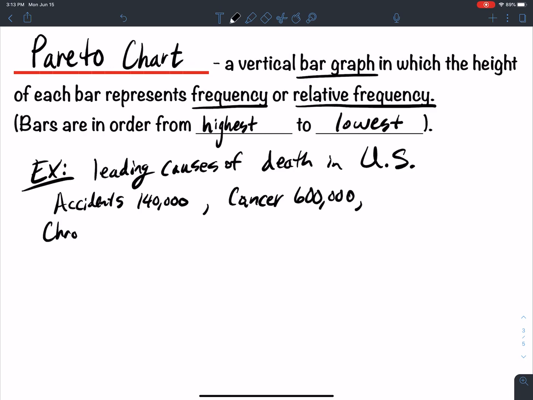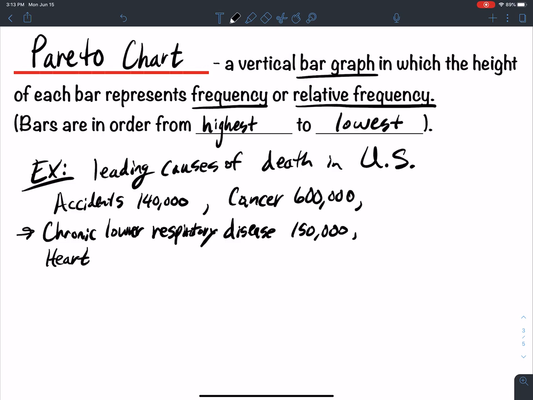Chronic lower respiratory disease, about 150,000 people per year die from this. Heart disease. This might actually be a little bit higher, seeing how there's already 115,000 for the coronavirus.